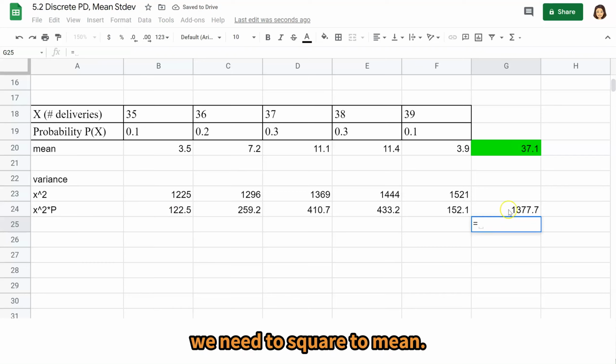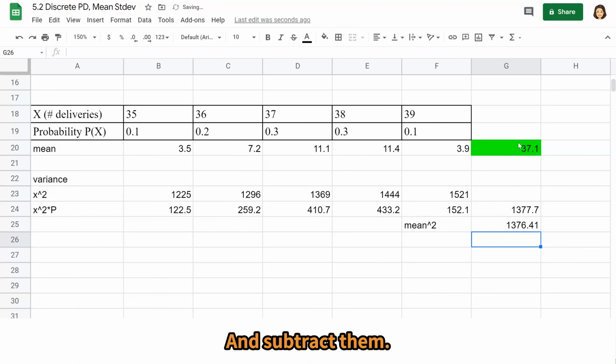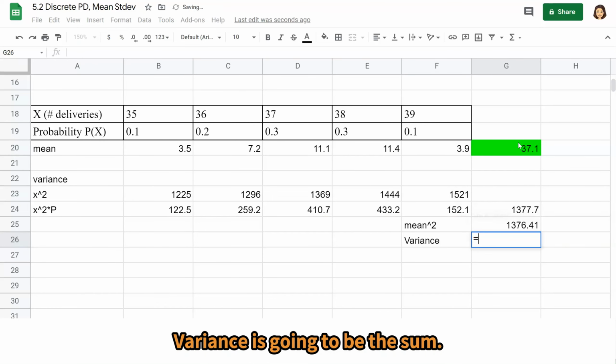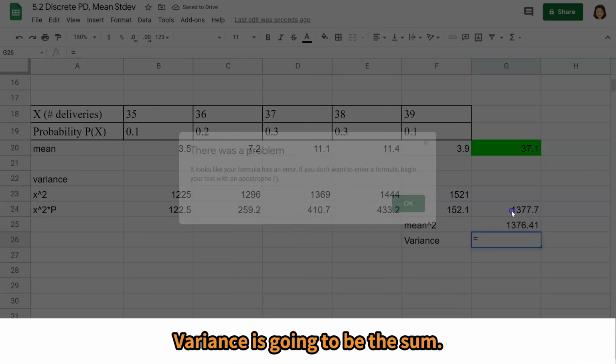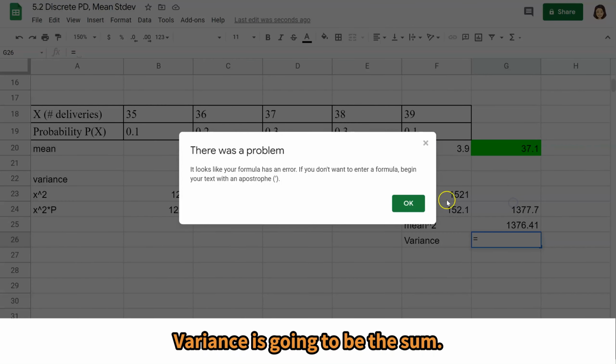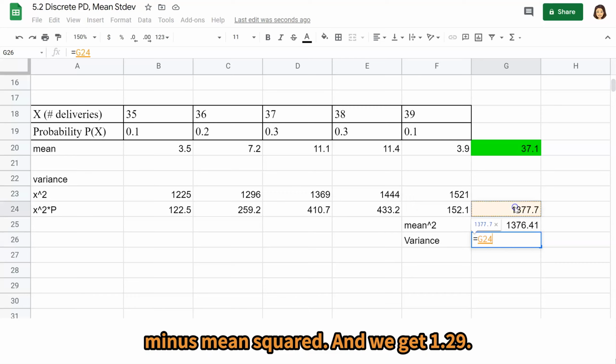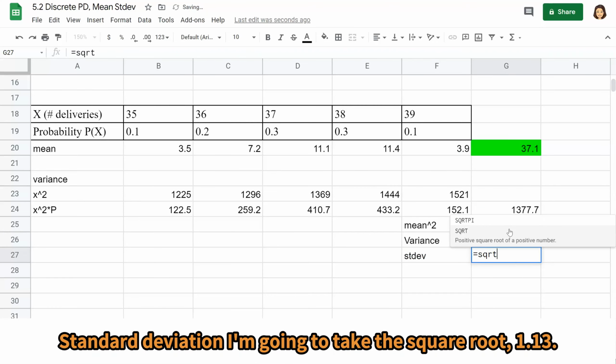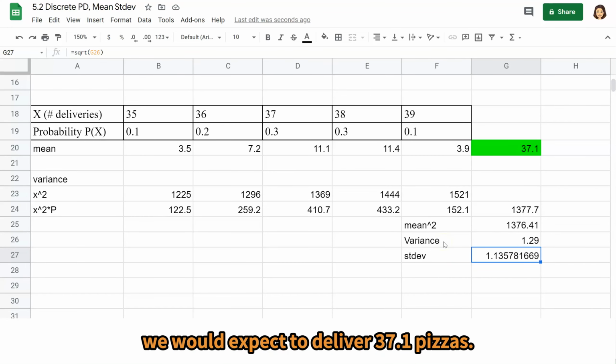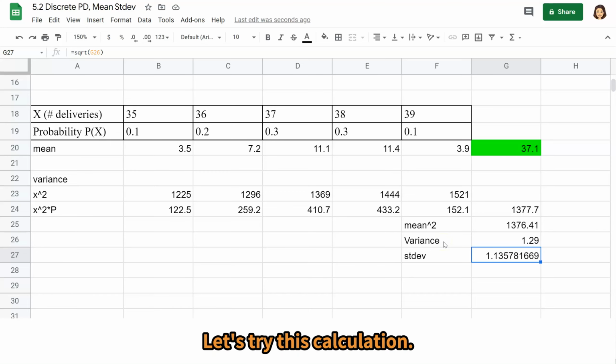And then we need to square the mean. Square the mean. And subtract them. Variance is going to be the sum minus mean squared. And we get 1.29. Standard deviation, we're going to take the square root. 1.13. So on average, we would expect to deliver 37.1 pizzas.